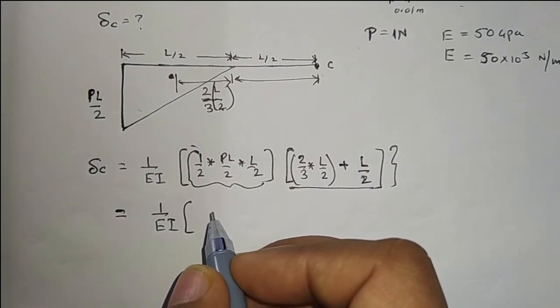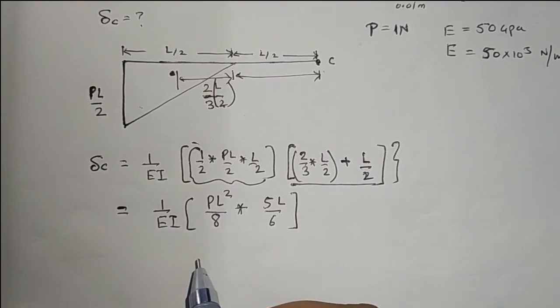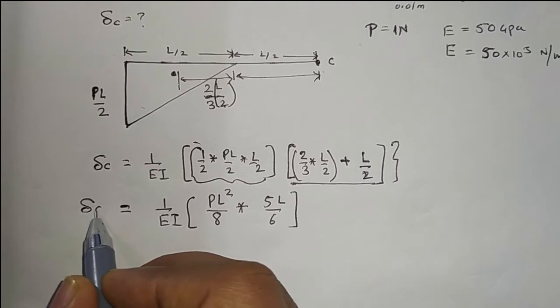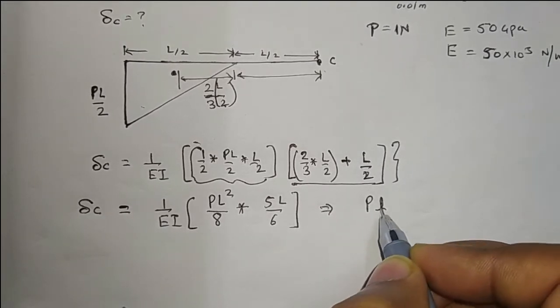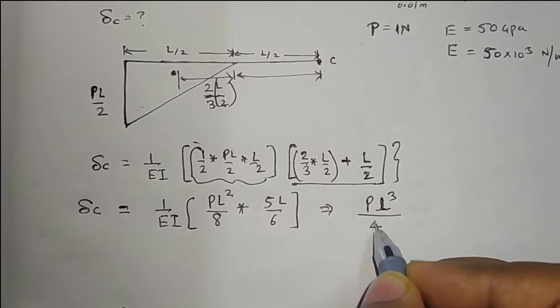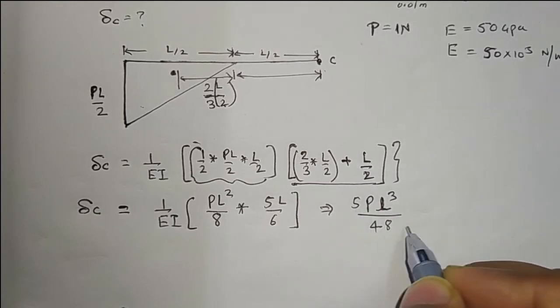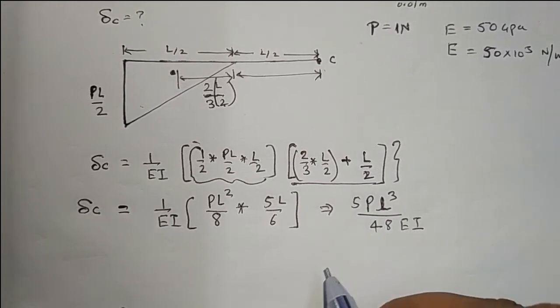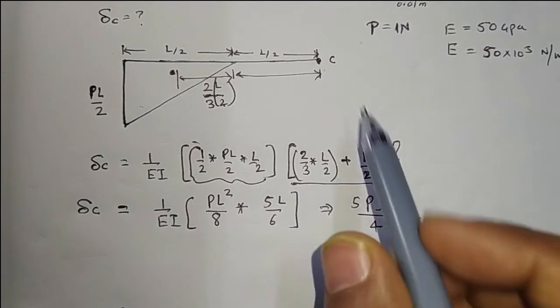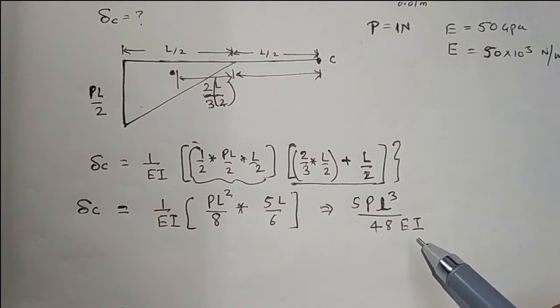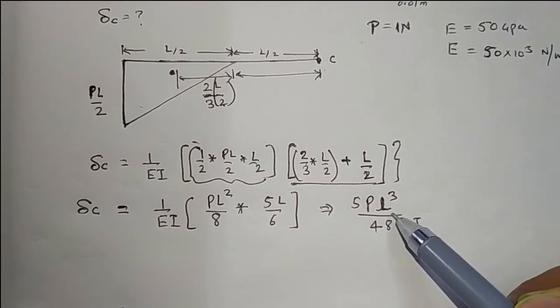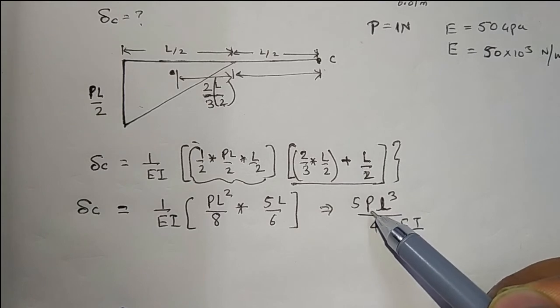After solving this equation, we will get this value. So this will be the deflection at point C. Now we have to put the values of modulus of elasticity, I, length, and the value of the load.